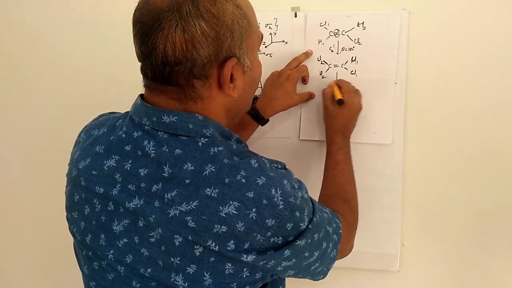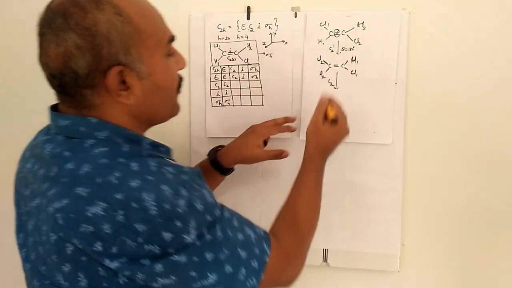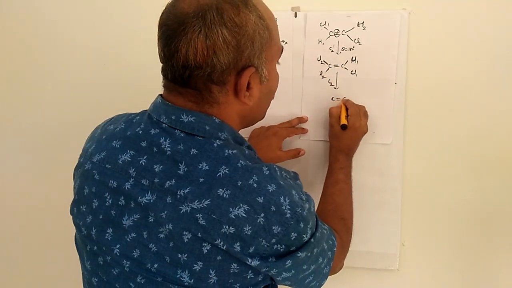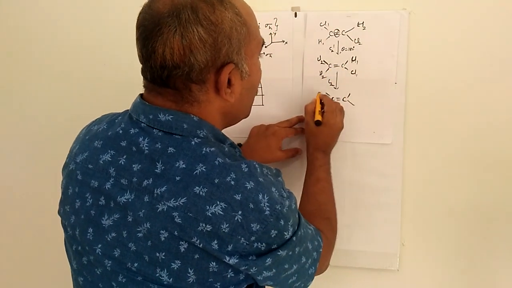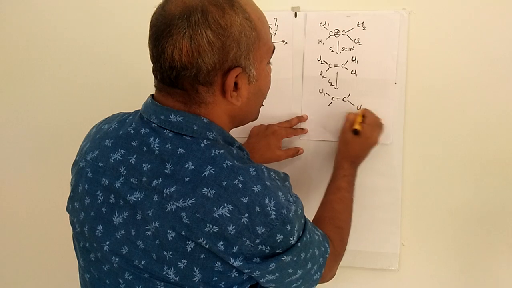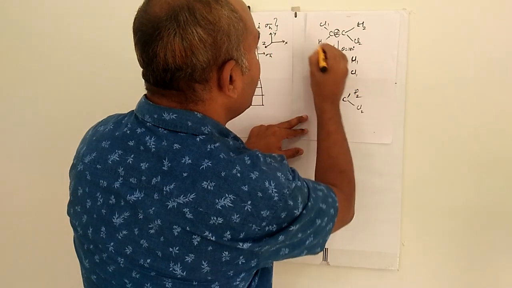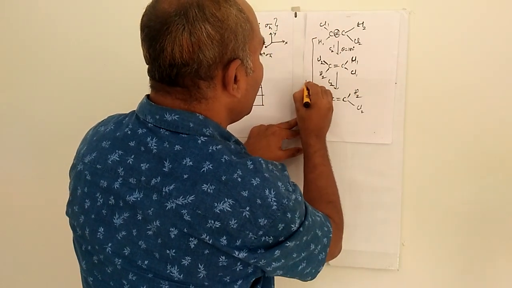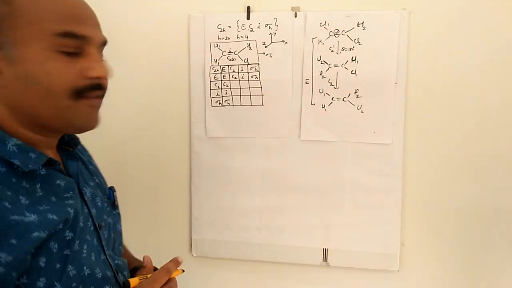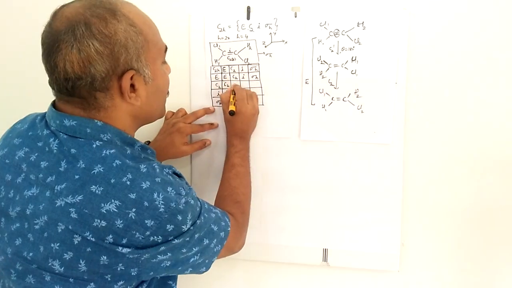Again you do the C2, two times, and again the positions change and we get the original configuration Cl1, Cl2, H1, H2. This is directly obtained by doing the identity operation, hence the answer is E.